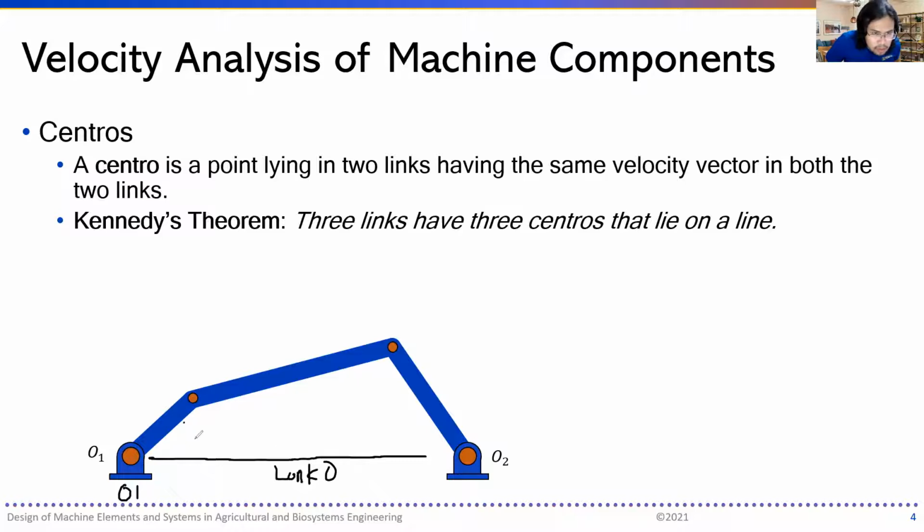Link 0, link 1, this is link 2, and this is link 3. This is 0, 1. That is just the pin, but this is 0, 1. This is 1, 2, and this is 2, 3, and this is 3, 0, or 0, 3, or 3, 0.